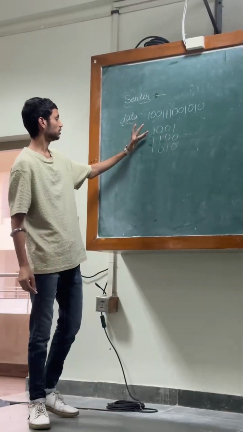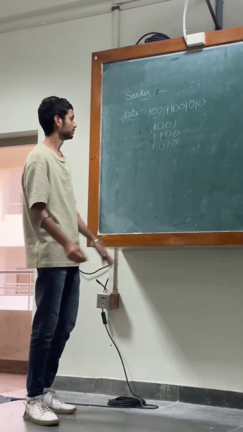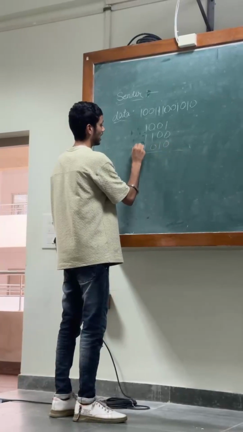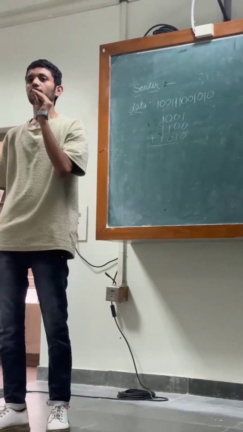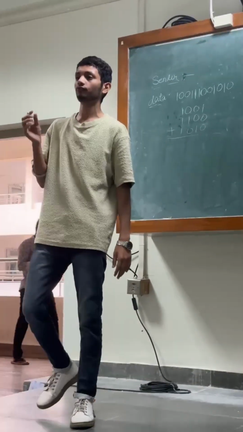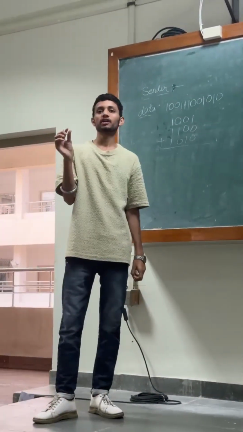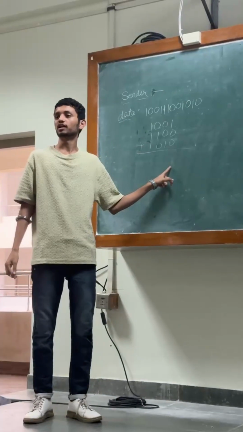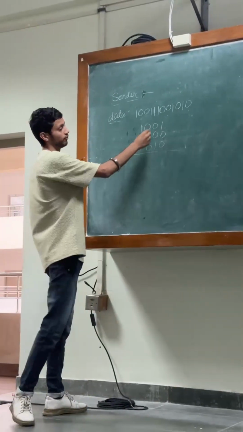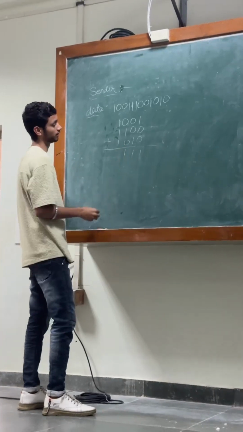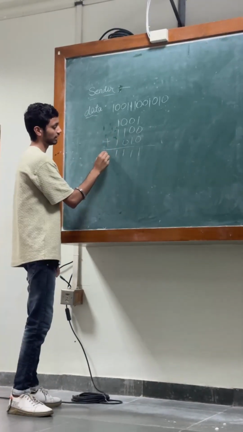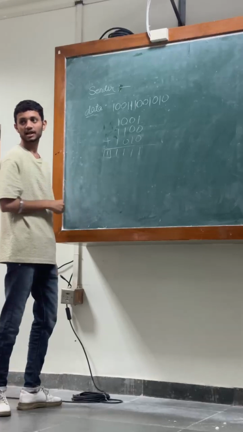Now all these subparts are added. Let's add the 3 subparts. And by adding, it is important to recall that if any carry is generated, then the carry is added to the LSB. By adding, one is generated as carry.